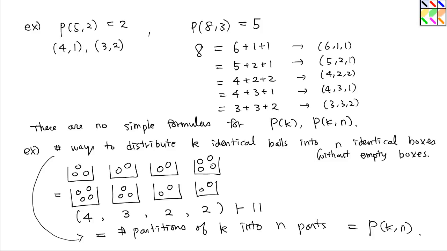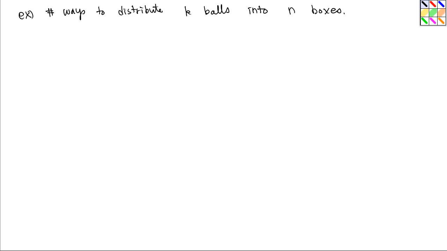Alright, so here we had this condition without empty boxes, but we can remove this condition. So, the number of ways to distribute k balls into n boxes, but some boxes we may have some empty boxes.